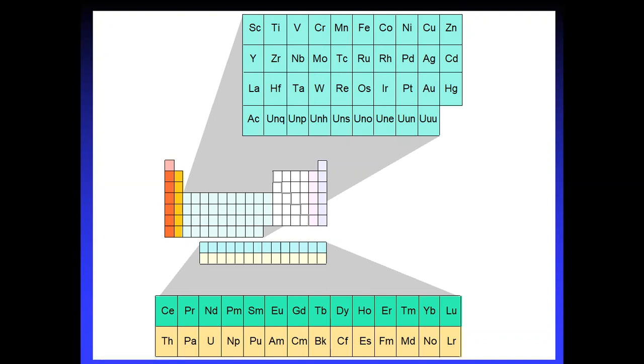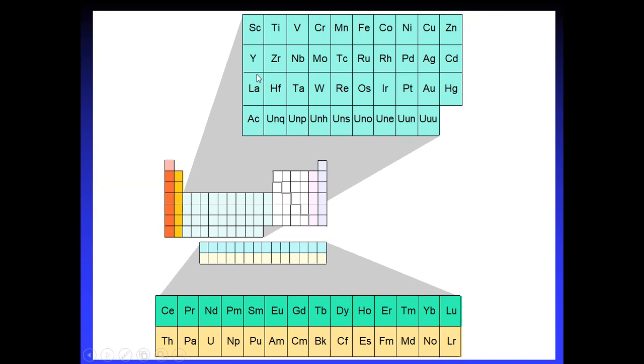Similarly for the second transition series, that is the 4d series: yttrium, zirconium, niobium, molybdenum, technetium, ruthenium, rhodium, palladium, silver, cadmium.